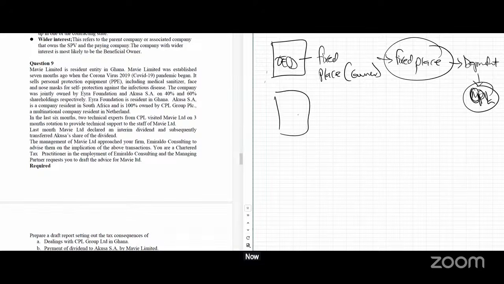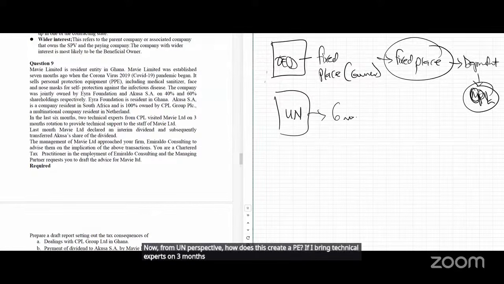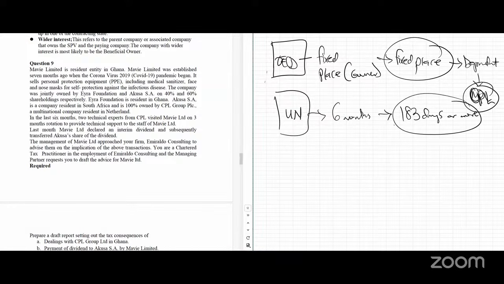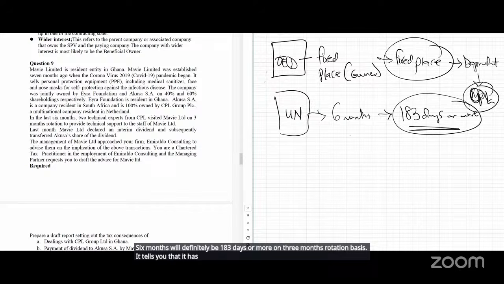Now, from the UN perspective, how does this create a PE? If I bring technical experts on a 3-month rotation basis, it means it becomes 6 months, right? And for a service to create a PE in the UN model, it must have been 183 days or more. So 6 months will definitely be 183 days or more. It has hit 183 days, so it creates a PE.